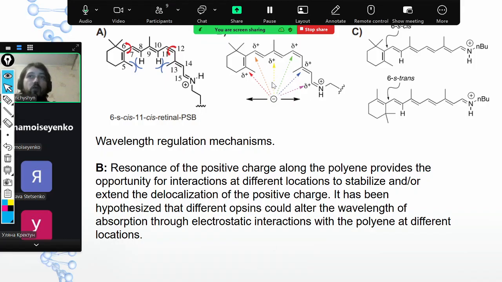So in simple words, you have some, let's say, negative charge. So look at this. We have a Schiff base. The Schiff base has a positive charge on the nitrogen. We have a lot of conjugation happening all over the molecule, so this positive charge will be somehow delocalized along this molecule. That influences energy levels and the wavelengths.